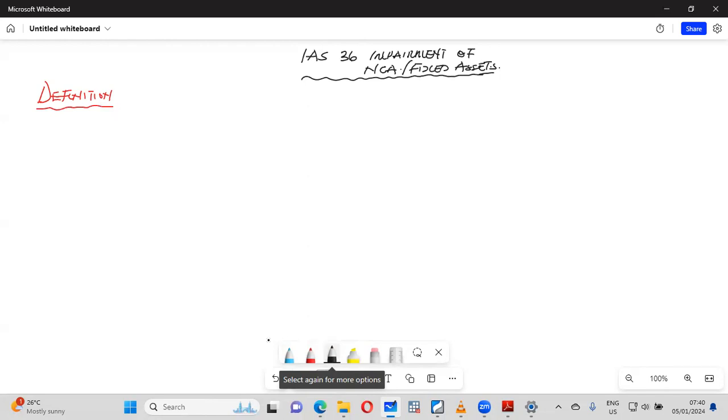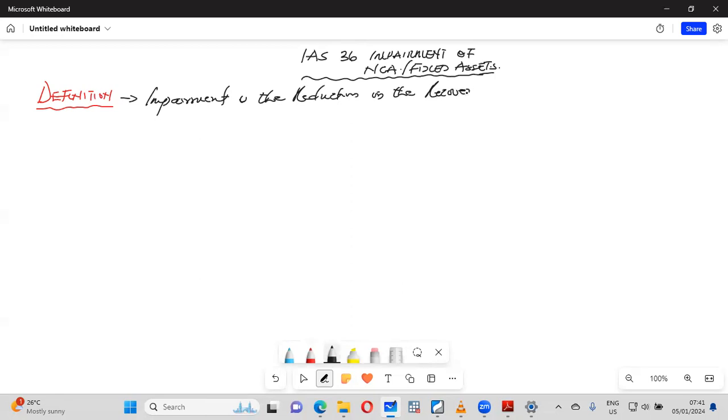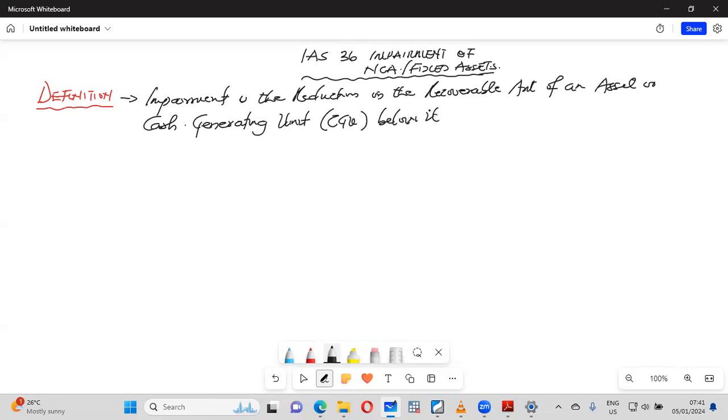So we are talking about the reduction in the recoverable amount of an asset or a cash generating unit, which we normally refer to as a CGU or an SBU, below its carrying amount.